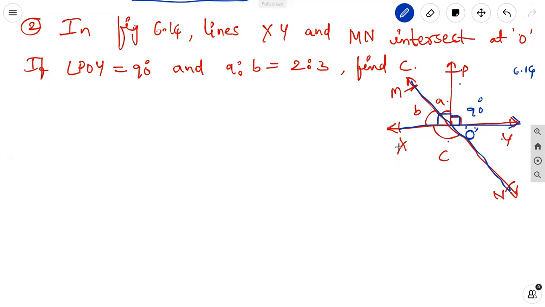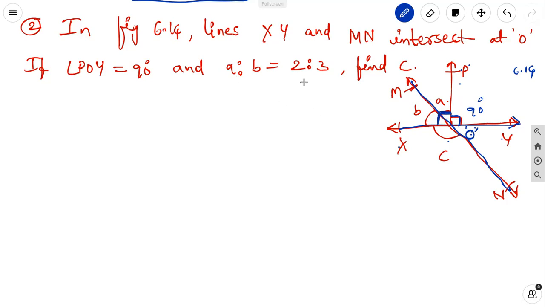Ultimately, the angle XOP is also 90 degrees. Why? Because XY is a straight line. In that, the linear pair XOP plus POY equals 180 degrees. In that, 90 degrees subtracted gives the other adjacent angle, which is also 90 degrees.